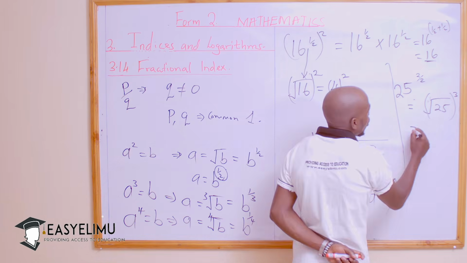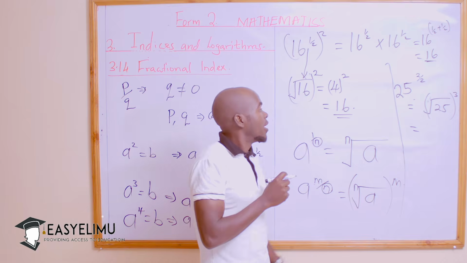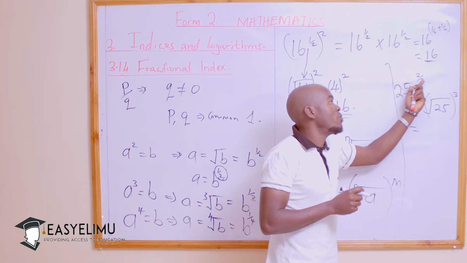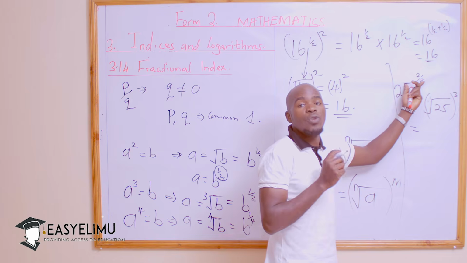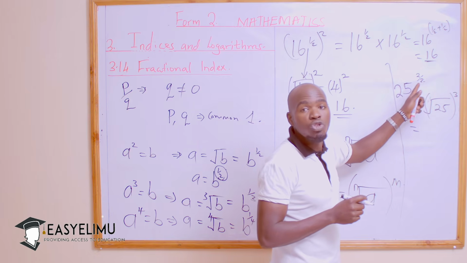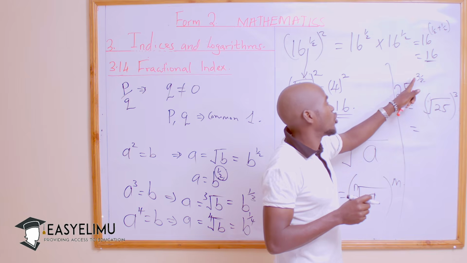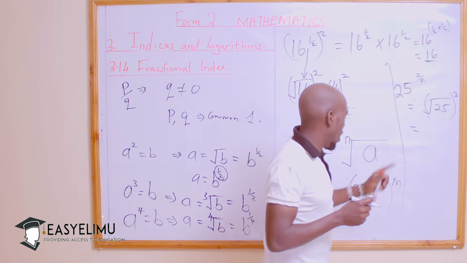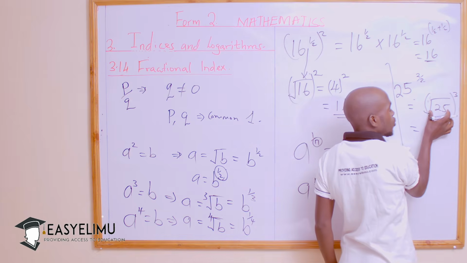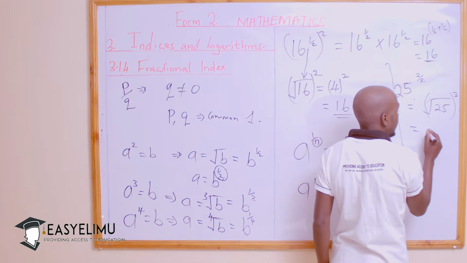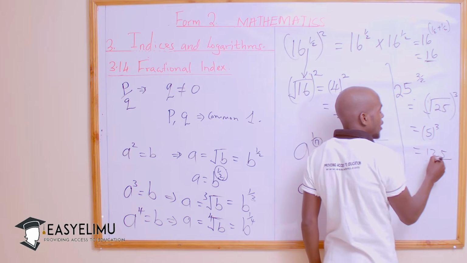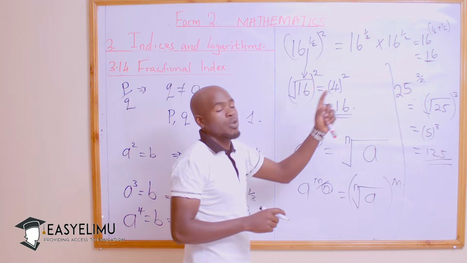So meaning that we are going to find 25, but the square root of it, 2 means we are having the square root of 25, and 3, after finding the value, you have to find the cube of that value as according to this law. So we shall end up having the square root of 25 is 5, but we shall cube it, so you will end up having 125 as the value of what we have there.